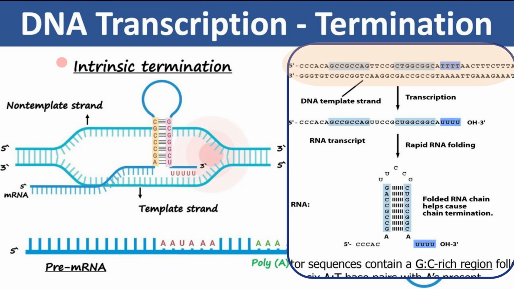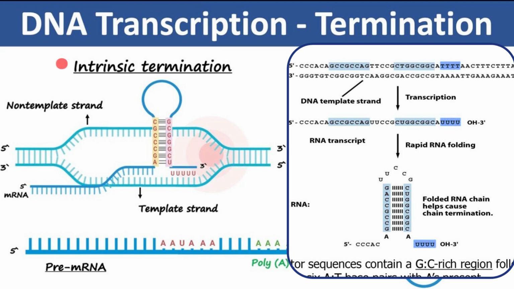The G and C are transcribed onto the RNA, and so are the A, which in terms of the RNA will be the U or the uracil.